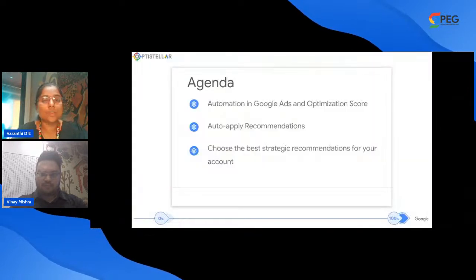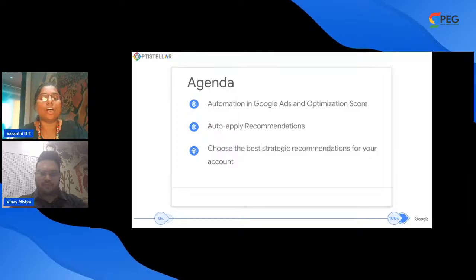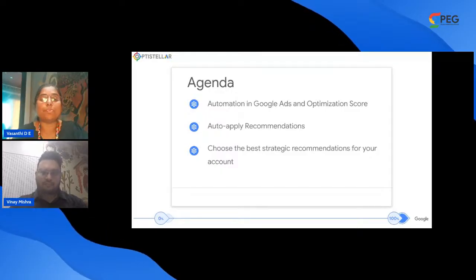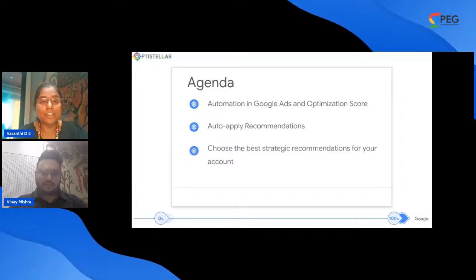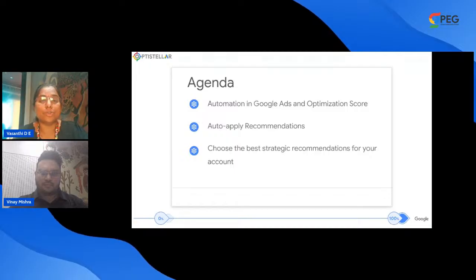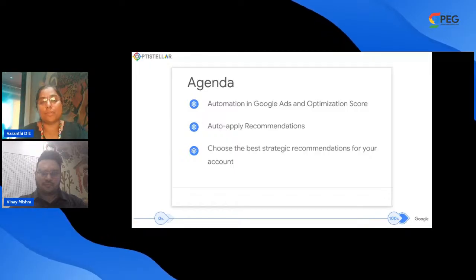Let's quickly jump on to the agenda for today's session. We will briefly explain what optimization score is and what the recommendations are, and how you can use those recommendations and optimization score to improve your campaign's performance.